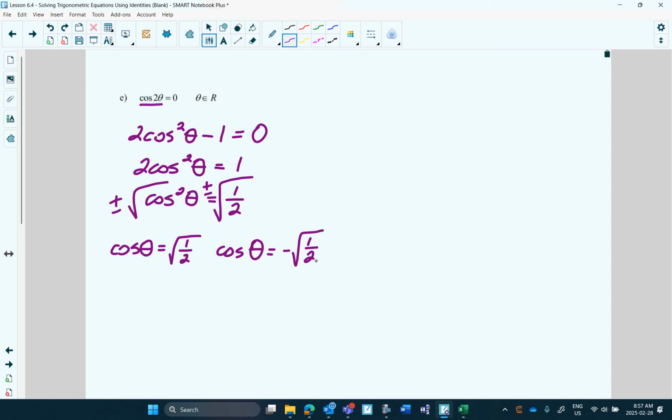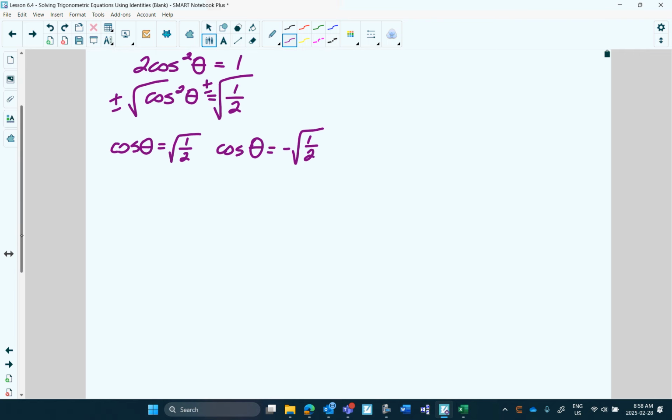Now this looks really close to a unit circle value, but that square root is all wrong. You remember how we can make it a unit circle value? We did one like this when we first started solving.